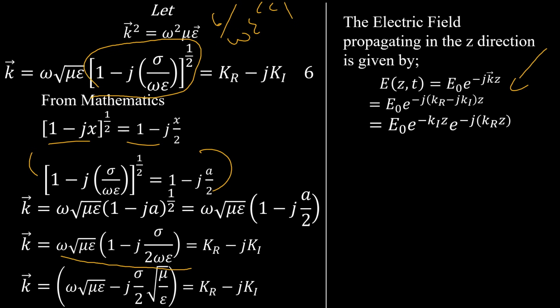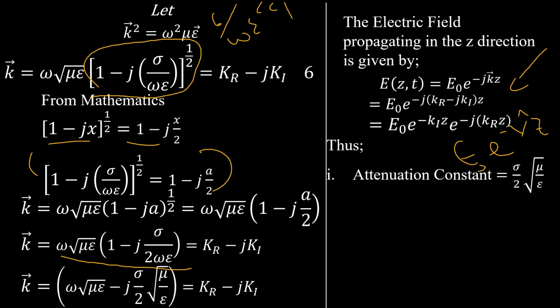Mind you, our electric field can be given as this, or it can also be given as E naught e to the power of negative propagation constant times z. So it depends. We are not cramming it, we just know how to maneuver any way we are given the expression for the electric field.